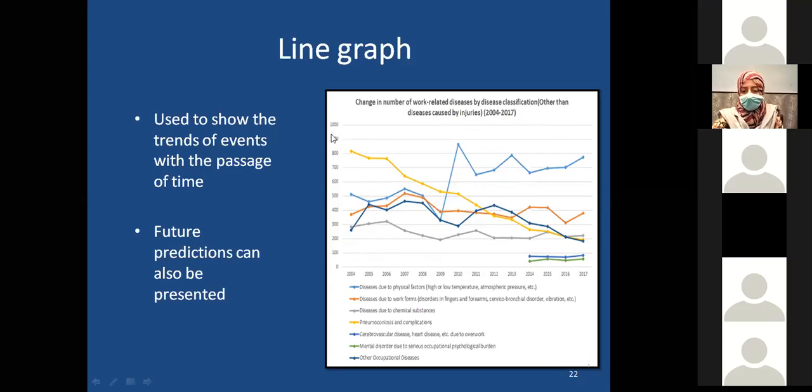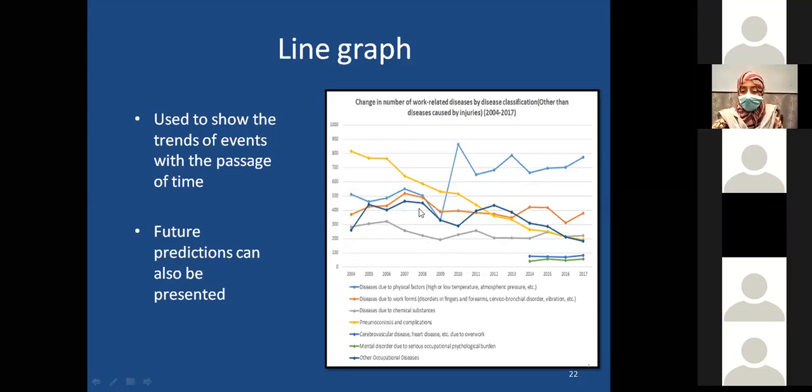Okay? So as I can see, the number of pneumoconiosis cases decreased from 2004 to 2017. It might have happened because of protective equipment that was used, or because of any other reason, or because of better information. Then you have diseases due to physical factors.